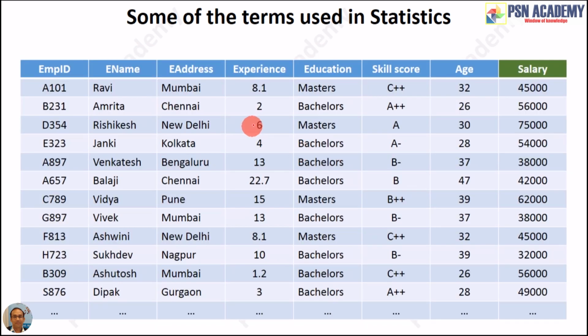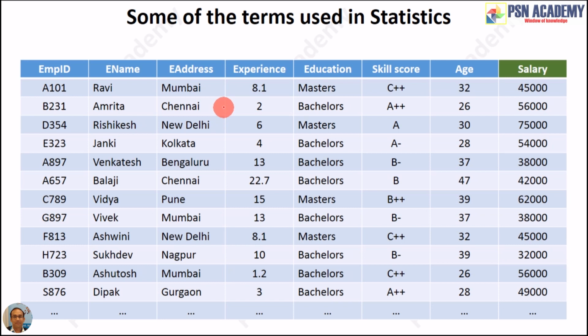Now, let us suppose that this is a snapshot of the data collected from those employees, and we have the employee ID, employee name, their address, their experience, education, skill score, age, and salary. We are interested in finding out any relation between the salary figures and the variables here, that is employee ID, name, address, and so on.